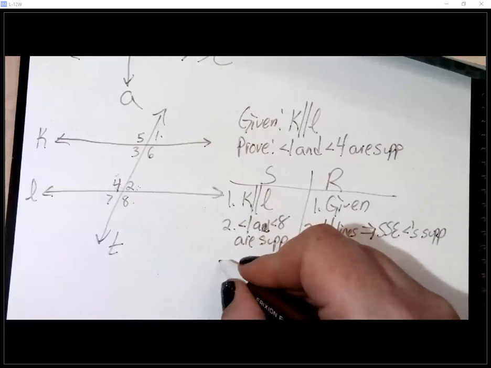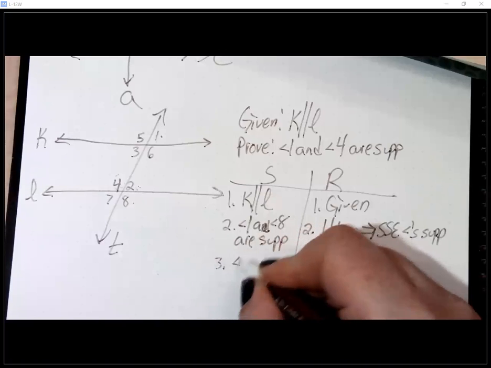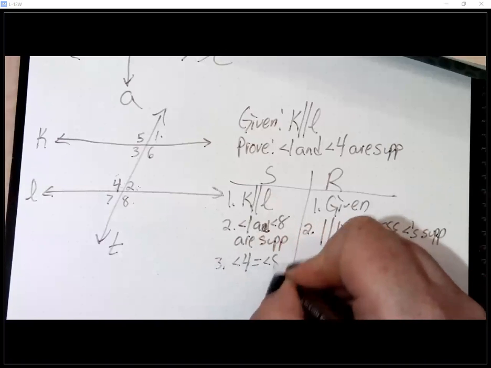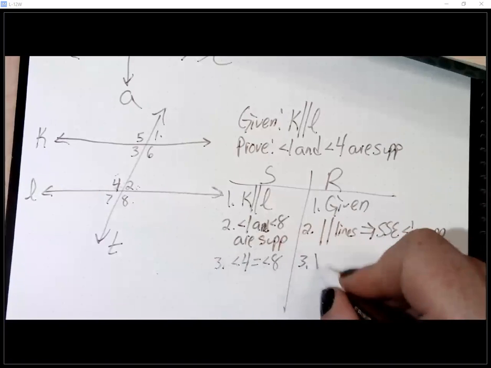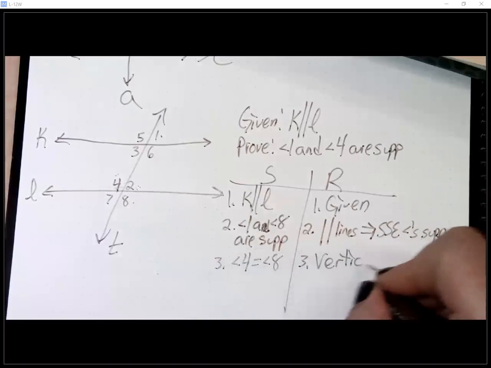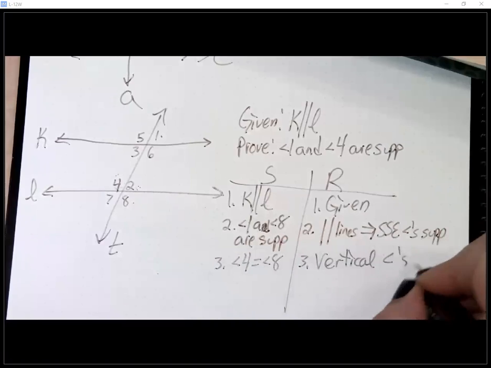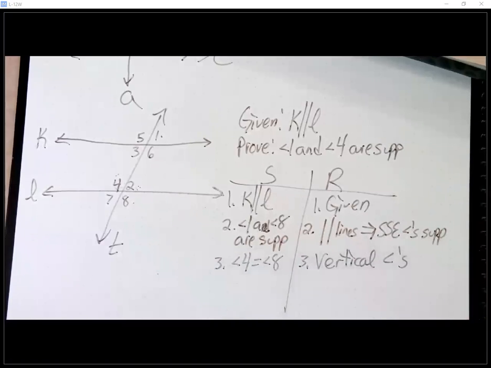You got it. So angle 4 is equal to angle 8, because they are vertical. And now all I have to do is swap out angle 8 for angle 4. And then I get what I was trying to prove. I want to prove that 1 and 4 are supplementary, and I can say it now.